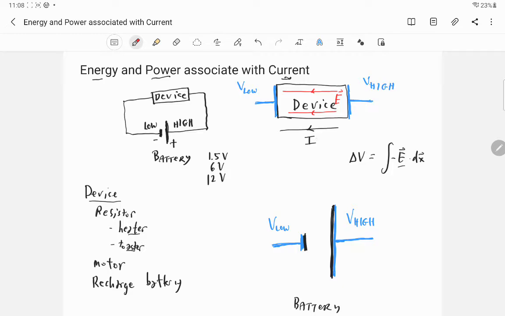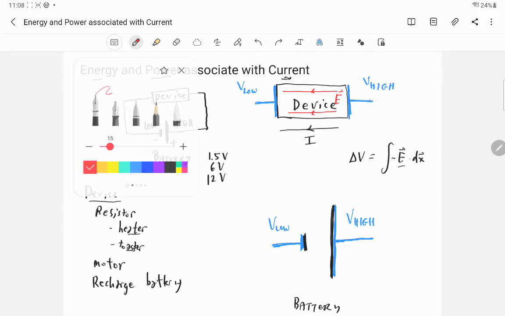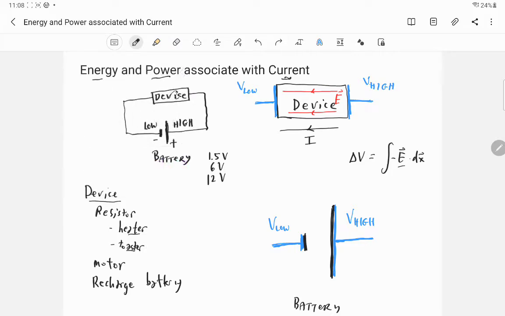The current flows in the direction from high to low, and the current flows in the direction of the electric field. And I'm talking in terms of the conventional current. If you follow the way this current flows, it's going to flow towards the left in the device.